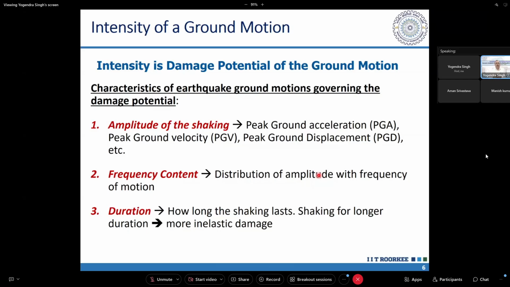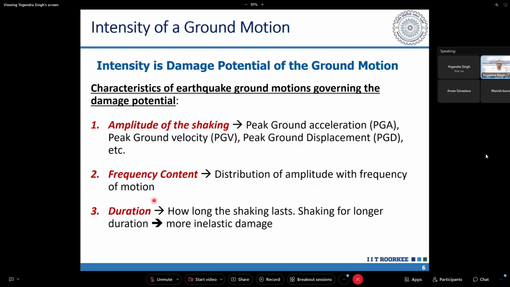But if the frequency content of the earthquake is very different from our structure, then the damage is going to be less. Unfortunately, in most cases, the predominant frequency of the earthquake, the frequency of vibration of the soil on which our structure is located, and the frequencies of the structure are close. Even if those are not coinciding, they are close. And that's why this becomes very important.